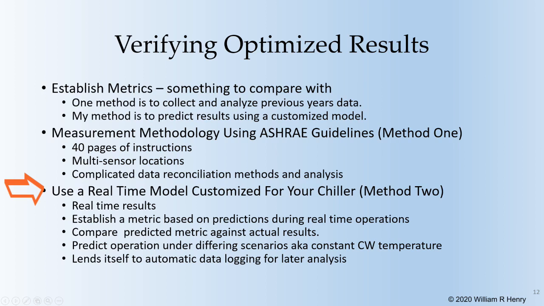These predicted results become a metric that can be compared to actual operating power demand. The same model can predict operation with different scenarios. For instance, operating at a lowered condenser water temperature versus the design condenser water temperature. By predicting a power demand that can be compared to the actual demand, one has a verifiable tool, and a model can be evaluated with coincident operating conditions, thus providing real-time results.